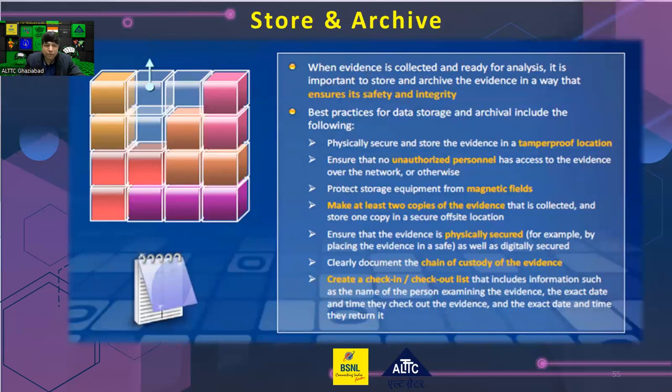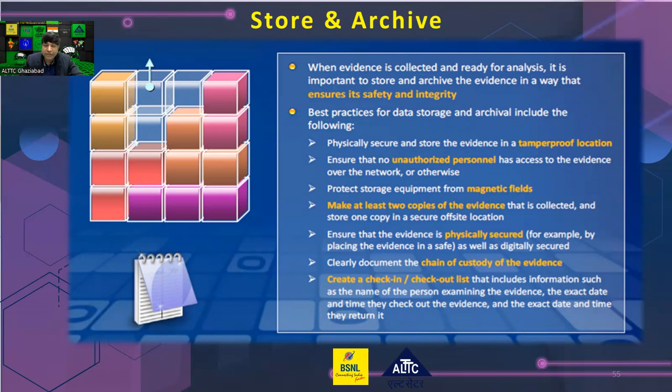Where do we store and archive this evidence? When evidence is collected and ready for analysis, it is important to store and archive the evidence in a way that ensures its safety and integrity. Best practices for data storage and archival include some parameters, here in this PPT.